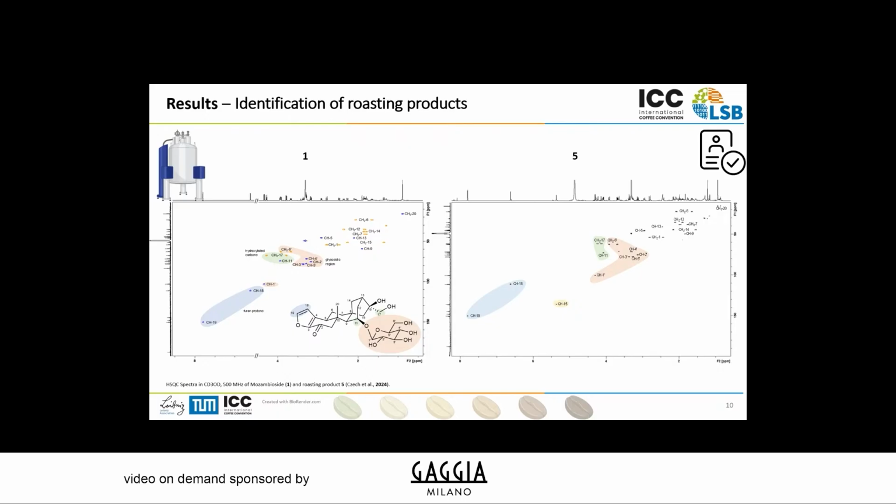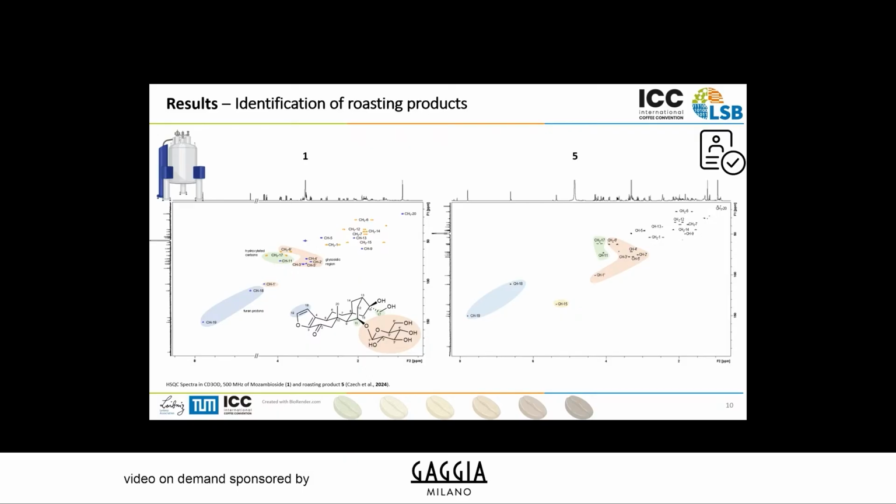But to verify this assumption, we have to also look at the NMR spectrum. So here you can see the HSQC spectrum on the left-hand side of Mozambioside, which shows the signals which are triggered by carbon and directly connected proton atoms.